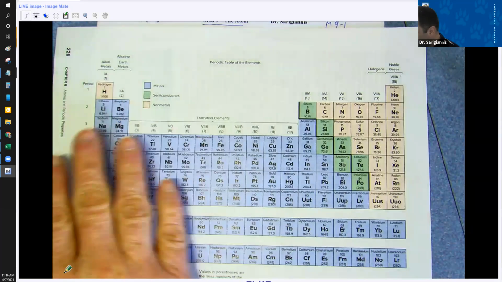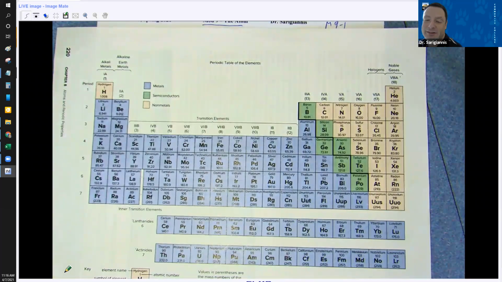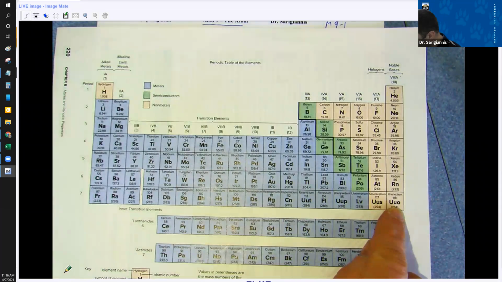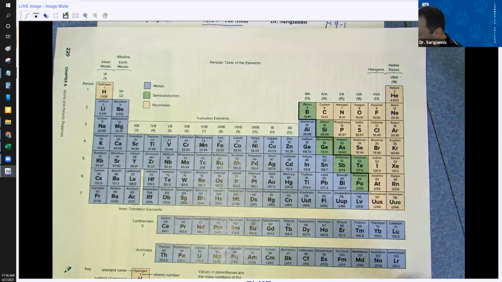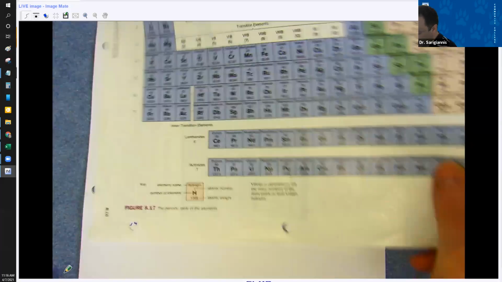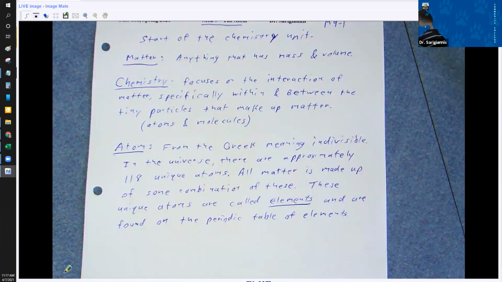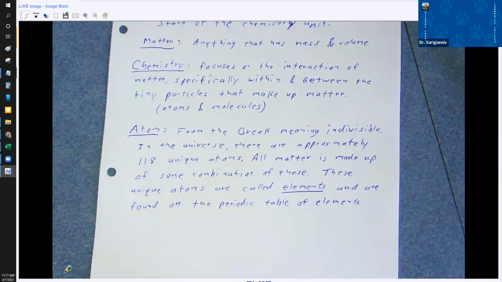This basically lists all the elements in existence, and it goes up to 118 so far. Oh, this is from your textbook. This is figure 8.17. We're going to learn how to read the periodic table in that specific module, but I'll reference it occasionally.